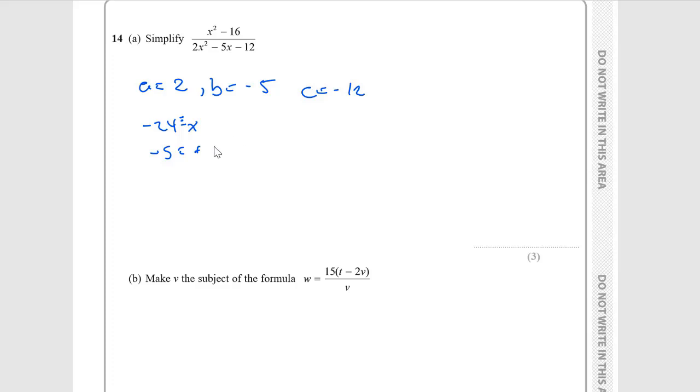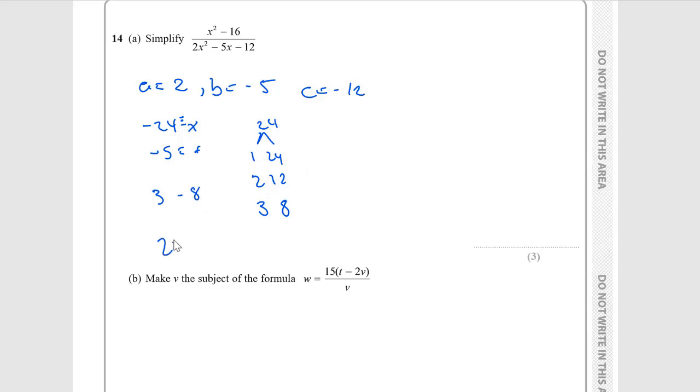So if I think about it, let's say 12 or 24. So we've got 1 and 24, 2 and 12, then 3 and 8. That looks familiar. So we can say 3 and minus 8.